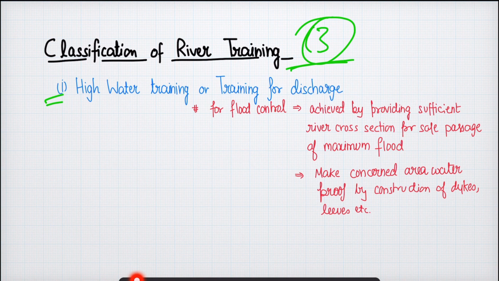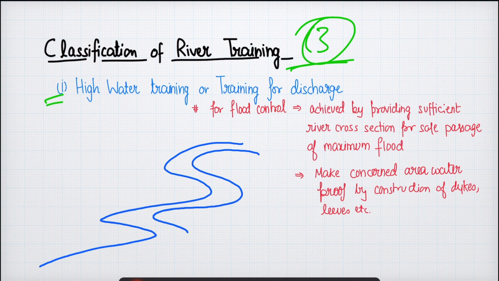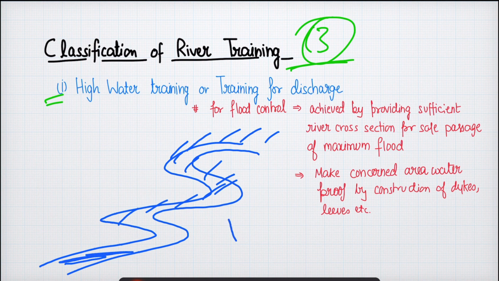Definitely, if there is a river in any area, there will be certain rainfall, because of which the overall depth of water may rise from a certain level to a high flood level. That is a practical scenario that happens.